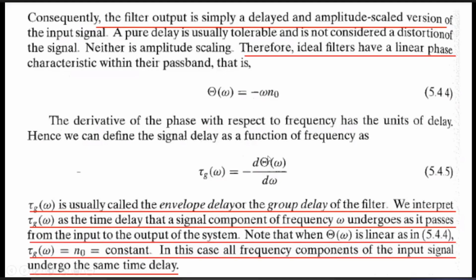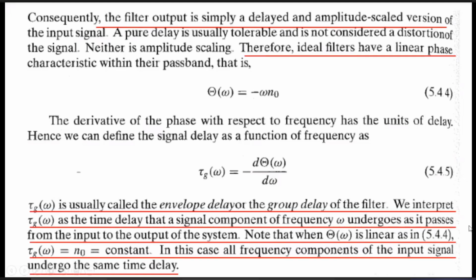There are many waves, many frequencies. All the frequencies together are called a group. Each individual frequency undergoes a slightly different delay. So what is the overall delay? It is called the group delay of the filter.